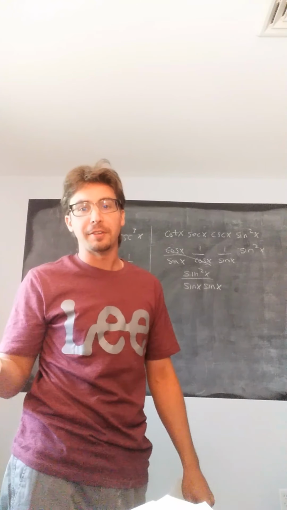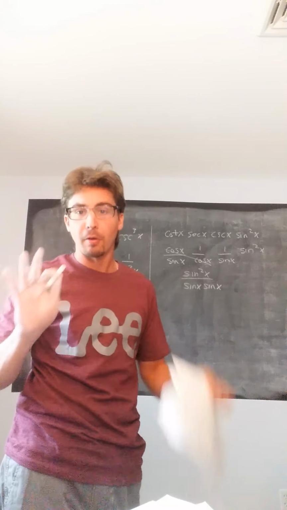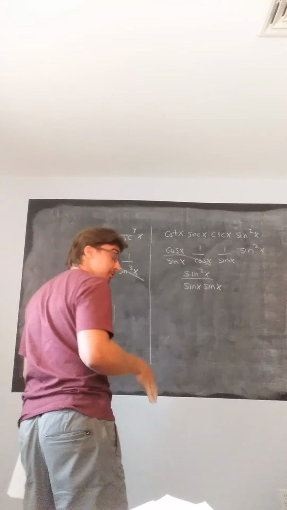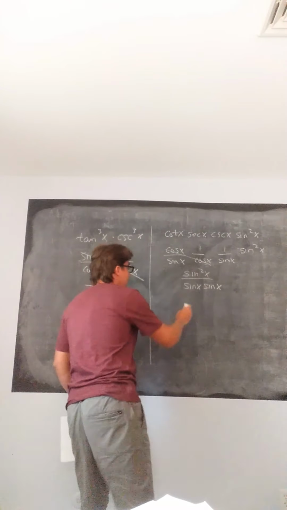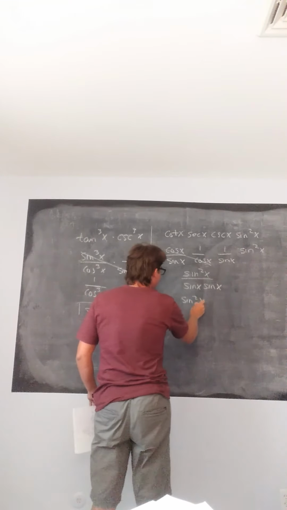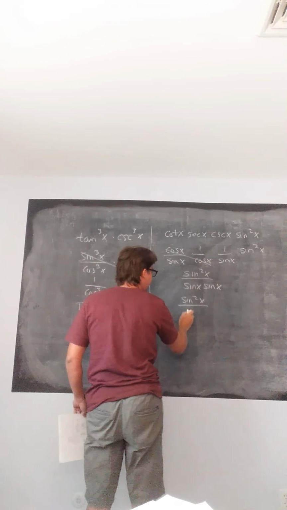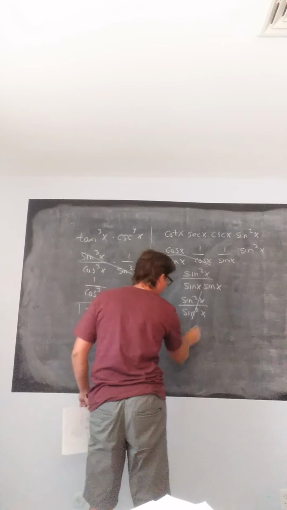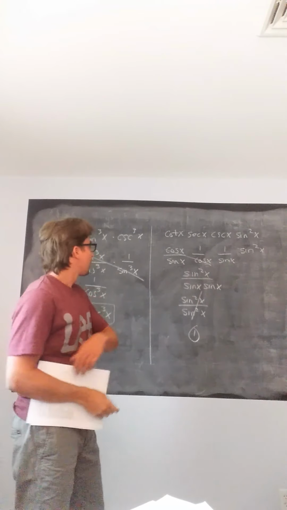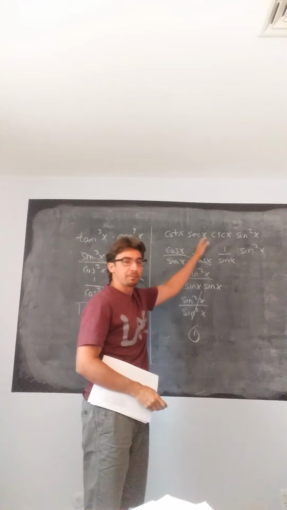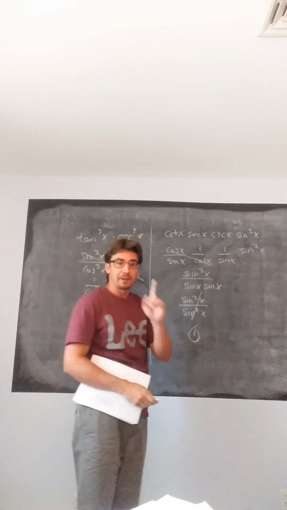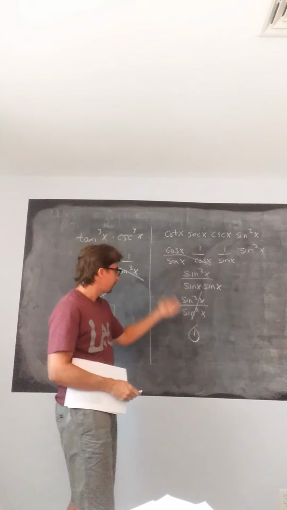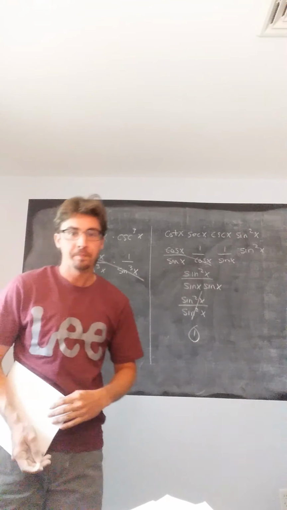Well, if I asked you what's x times x, you would say x squared, hopefully, especially at this point in the year. So this is actually sine squared x over sine squared x, and they cancel out, and your answer is just 1. So this whole nasty expression reduces to the value of 1, which is kind of cool.